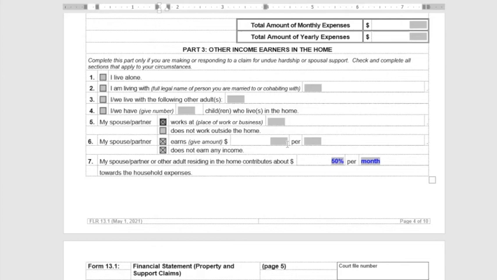That's a third party. And you do have to fill it out when the form asks you to, which is for a claim of undue hardship or spousal support. And there's good reason for it. But it's a problem. There's case law on this. And what I would recommend for the general user is just fill it out to the best of your ability.